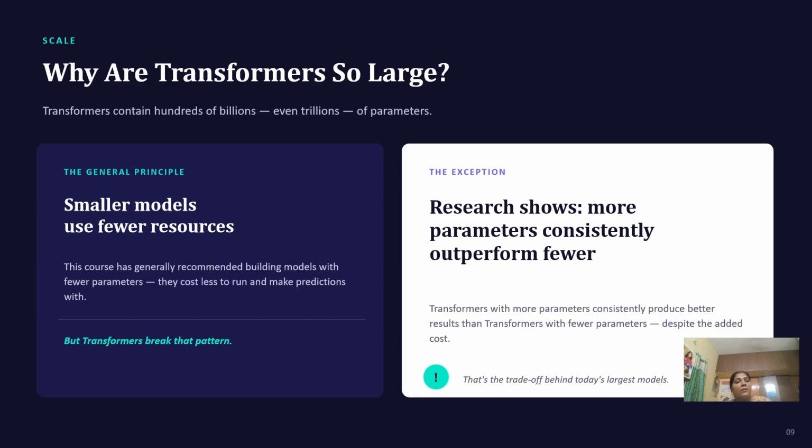Whenever you talk about large, you need to know a little about what a smaller model's principle is. When you talk about smaller models, they might use fewer resources or fewer parameters in their architecture, their prediction is also lower, and the cost is also less when you compare with large language models.